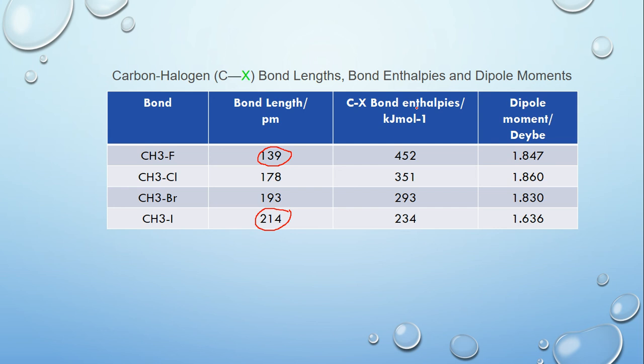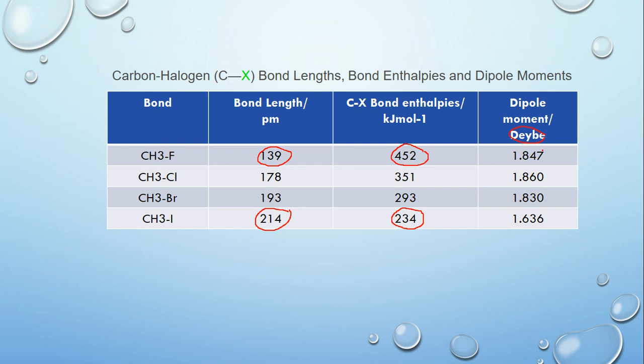Coming to the bond enthalpies, they are written in kilojoules per mole. Bond enthalpy is the largest for the carbon fluorine bond and the smallest for carbon iodine. And coming to the dipole moment, it is written in Debye.